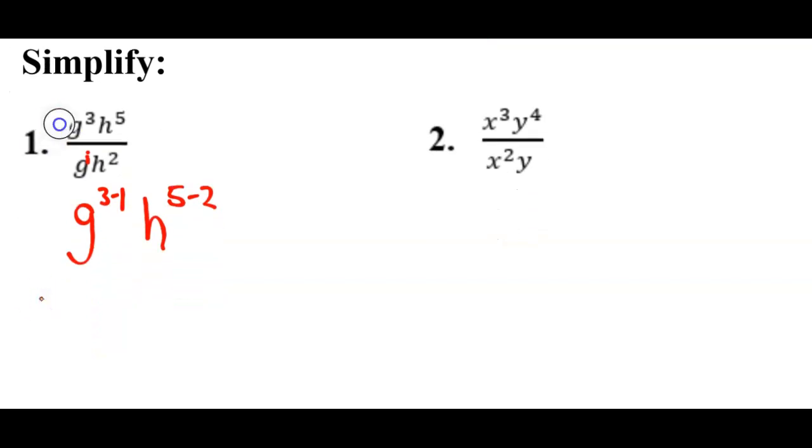You can do g, 3 minus 1 is 2, and you can skip this step if you want to. But if this step is helpful, don't skip it. That's silly, right? So here I've got h's, so I've got my h, and then I do 5 minus 2 is 3. Or I write that down, and then I go one more step, and I get g squared h cubed. That's my answer.